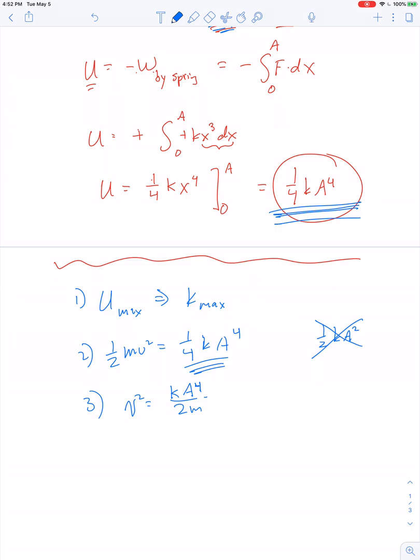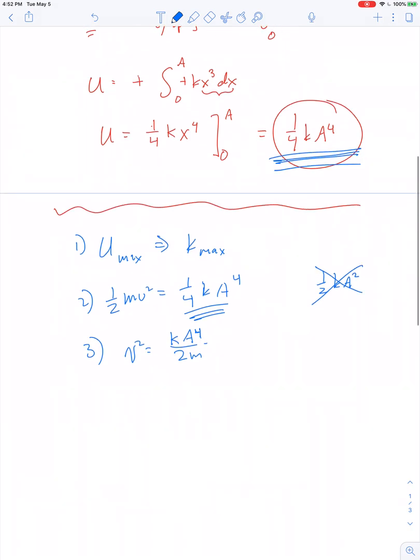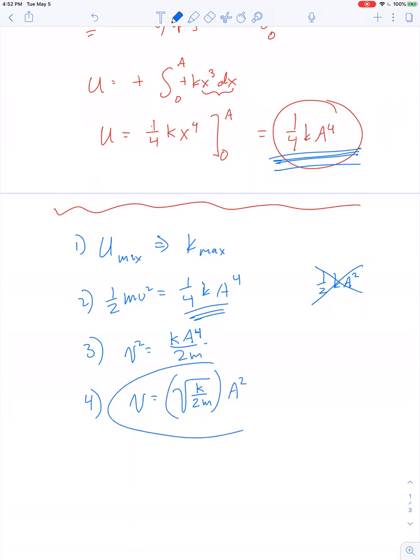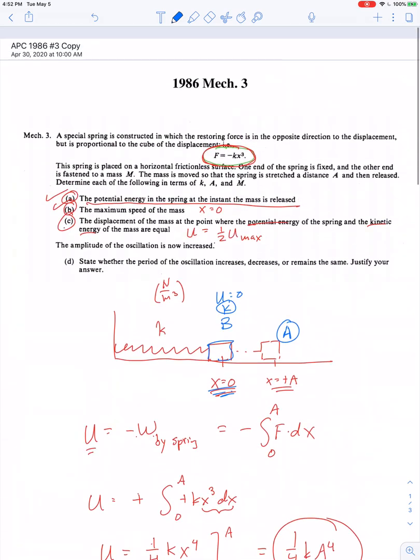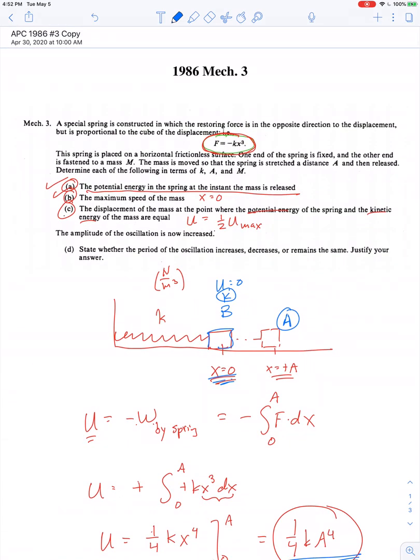So our maximum speed is equal to the square root of k over 2m times a squared. At this point, if some numerical values were given, we could plug in, but this is strictly an algebraic expression.